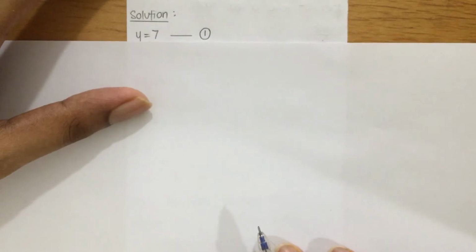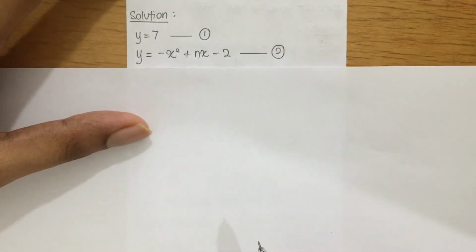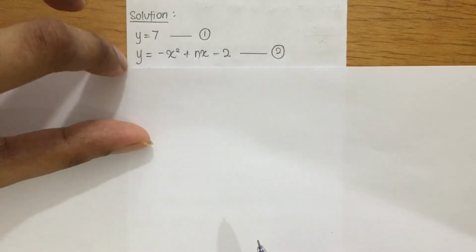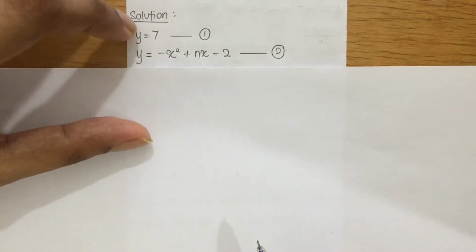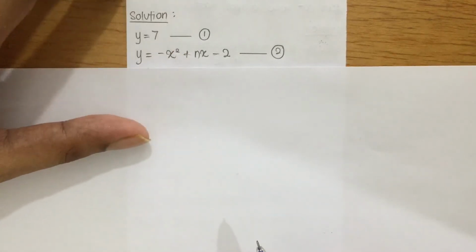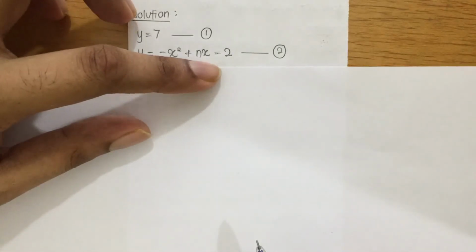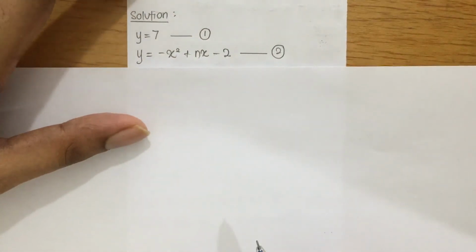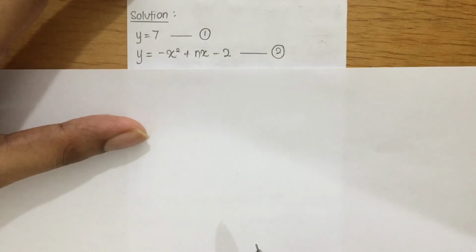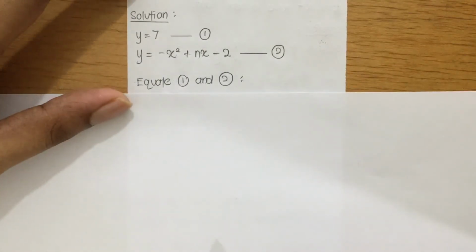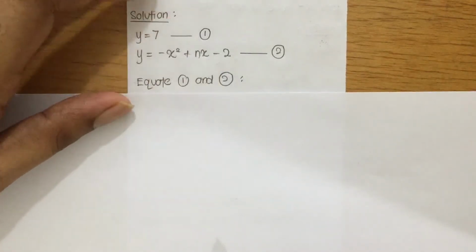Okay, so since you have two equations expressed in y, what you do, you list them. y equals to 7 as your first equation, y equals to negative x squared plus nx minus 2 as your second equation. So from here what you do, you equate equation 1 and equation 2.